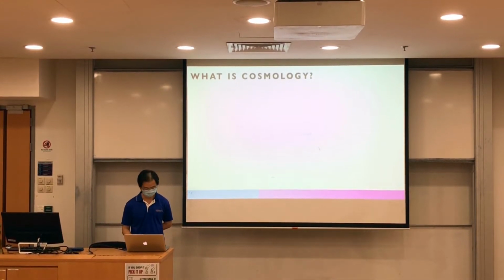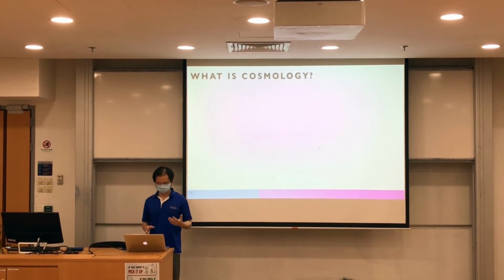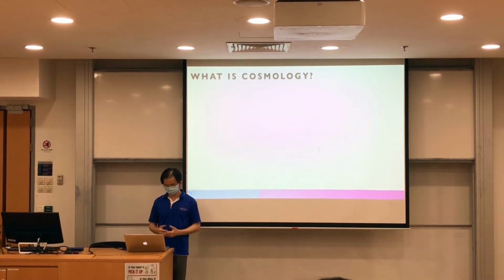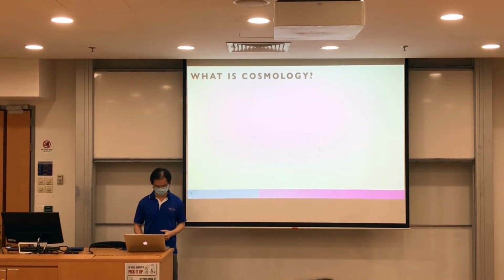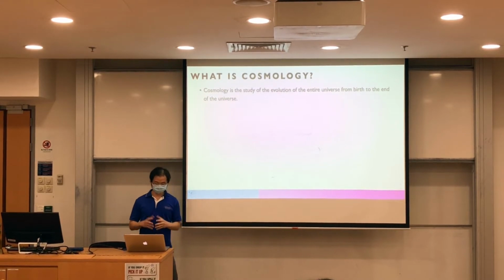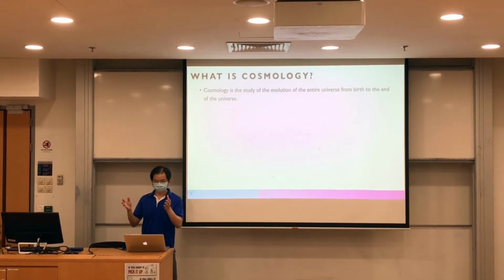So we'll see how. To start off, of course, we have to throw down a definition of cosmology. Cosmology is the study of the evolution of the entire universe. That means we want to know the universe from birth to the end.